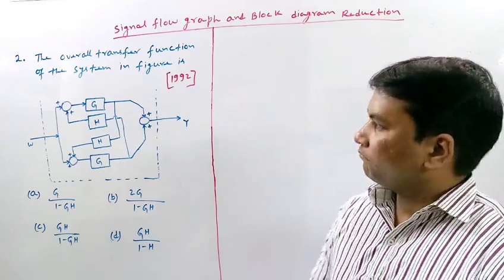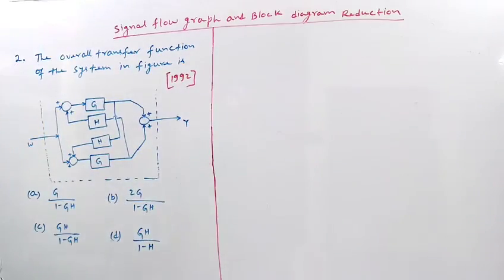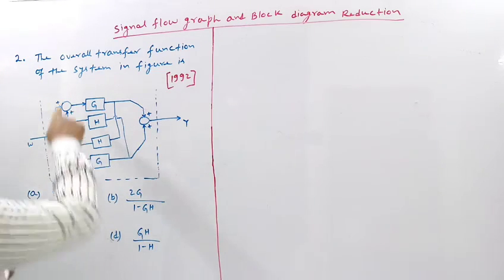Let us see. At first we should denote the different points by their names. Suppose this is a summing point.